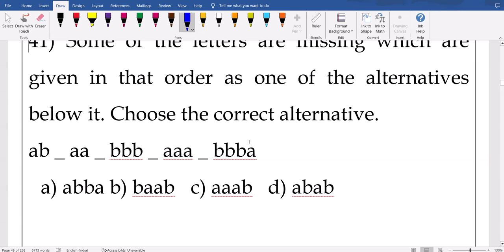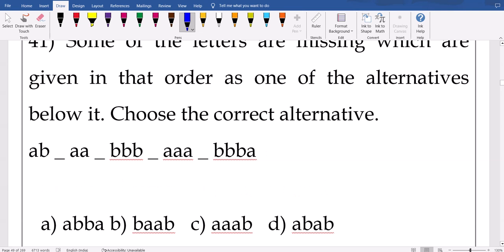So you have to check which option is suitable. If you don't have an idea, worst case, put the option in the question, something should repeat. It may be 2A's 1B, 3A's 1B, 4A's 1B, or 2B's 1A, 3B's 1A, something like that. Some logic is going to repeat.